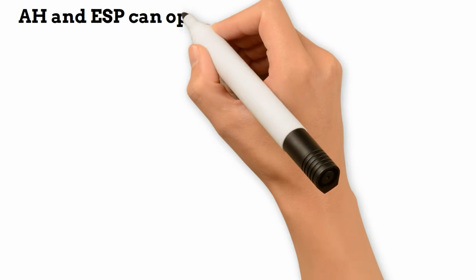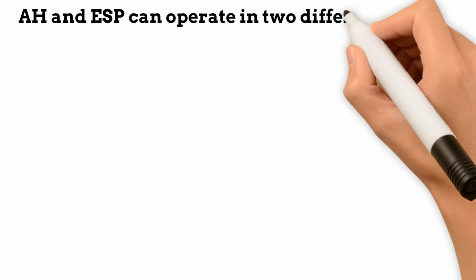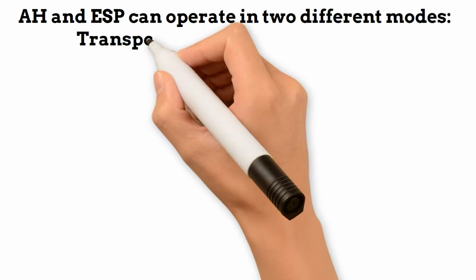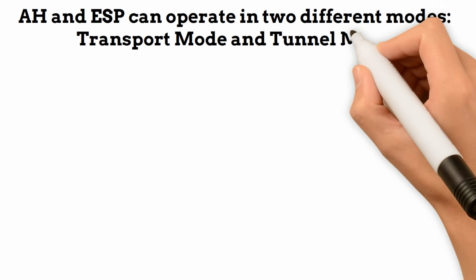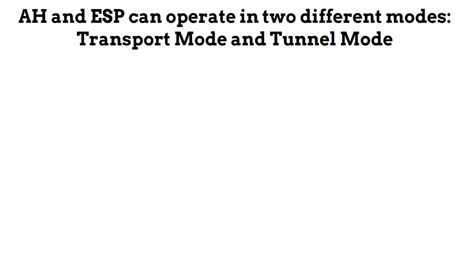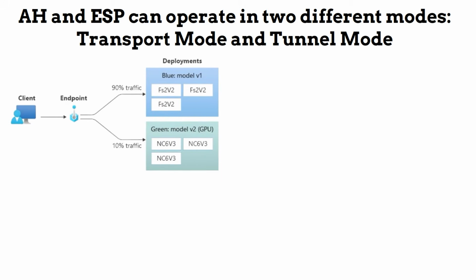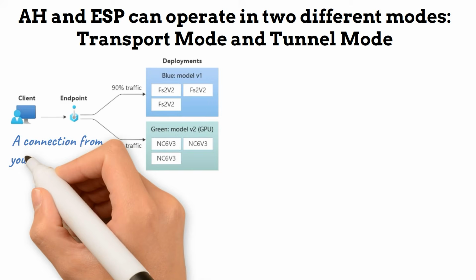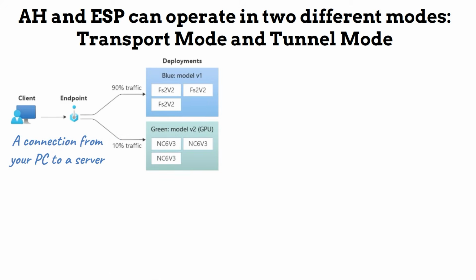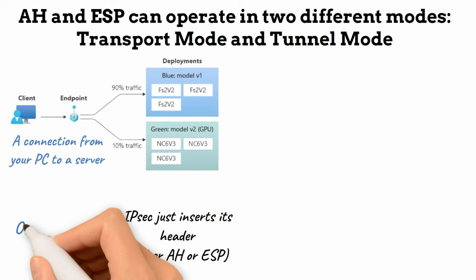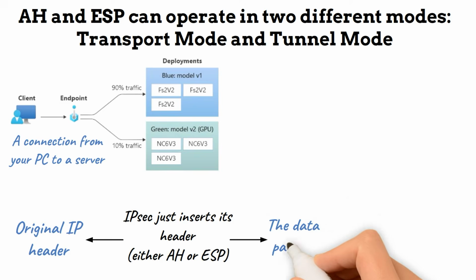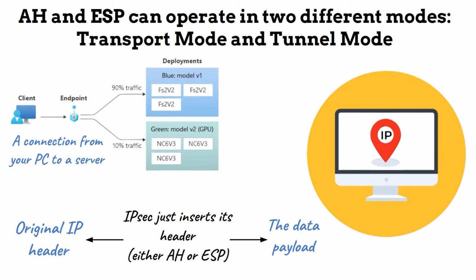Transport versus tunnel mode. Both AH and ESP can operate in two different modes, transport mode and tunnel mode. Transport mode is designed to secure traffic between two specific endpoints, like a connection from your PC to a server, inserting the IPsec header between the original IP header and the payload so the payload is protected while the original IP header remains intact.